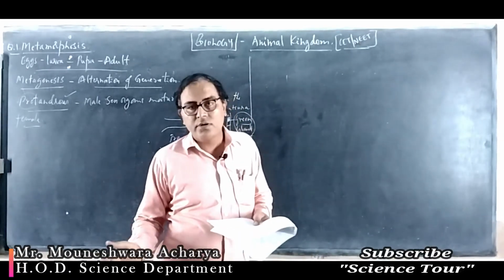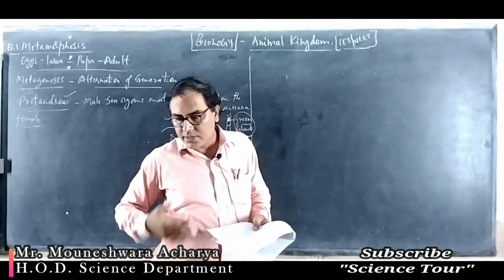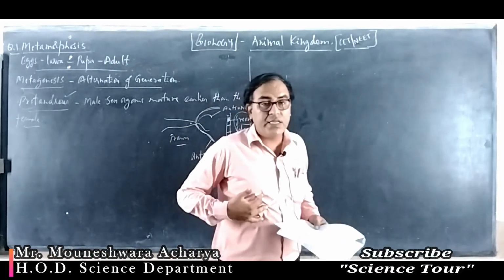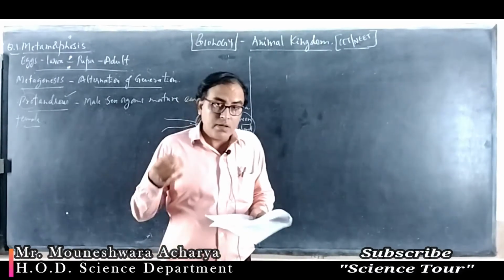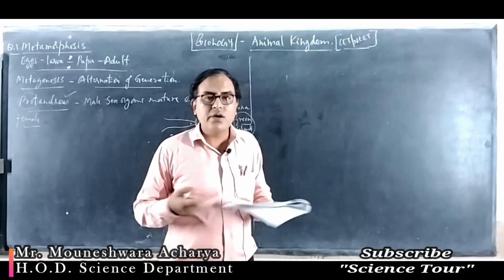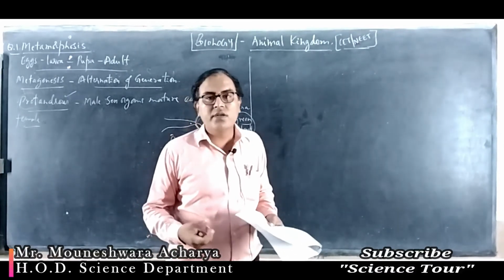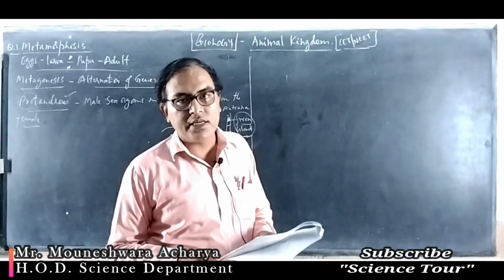Mantle, the body is surrounded by a thin layer, that is called mantle. It is seen in phylum Mollusca. Shell is also in phylum Mollusca. Then shield is seen in class Reptilia.